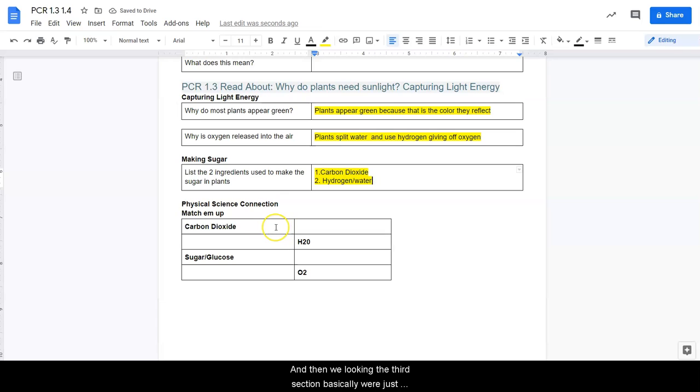And then when we look in the third section, basically we're just trying to match up the word of the molecular compound with the chemical symbol.